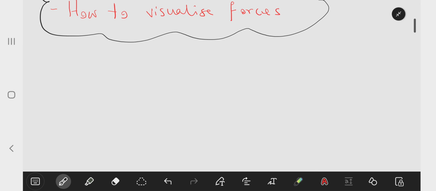So let's say we have an object. Okay, so we have an object which is a box or a brick or it can be any object. So for grade 11 and grade 12, there are actually 5 possible forces that can act on that object.